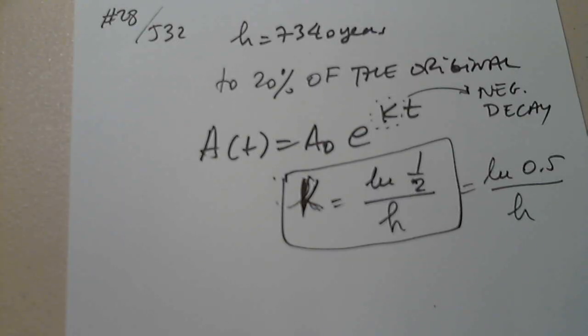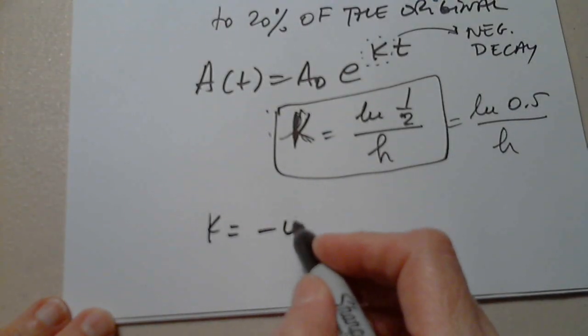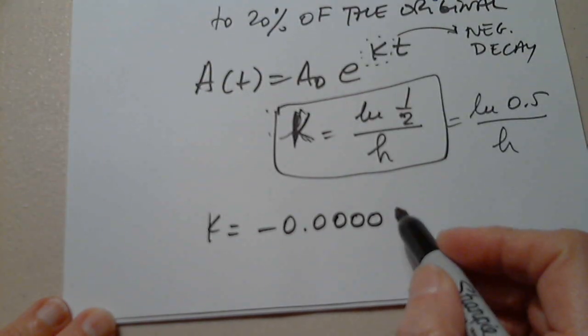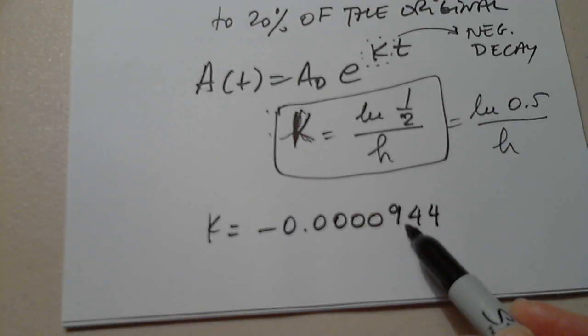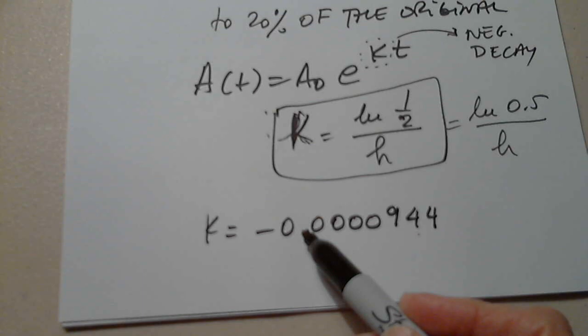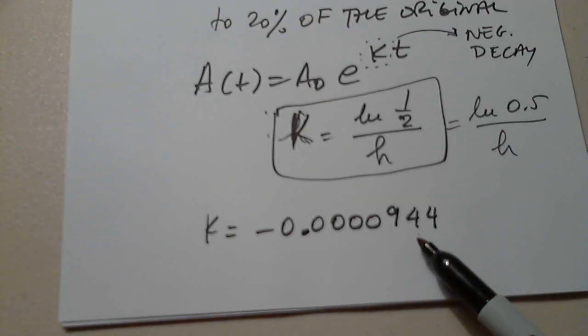Be very careful now. Read the entire number. This is power 10 to negative 5. So k equals negative 0.000094 or so, because it's 10 to negative 5, so I have to move the decimal digit 5 places. It's very, very small.